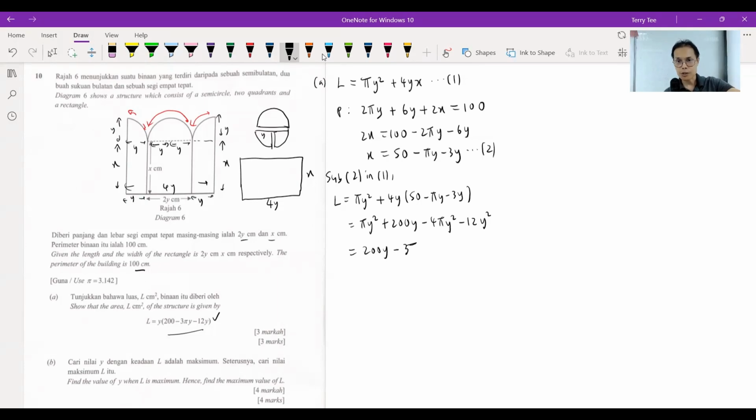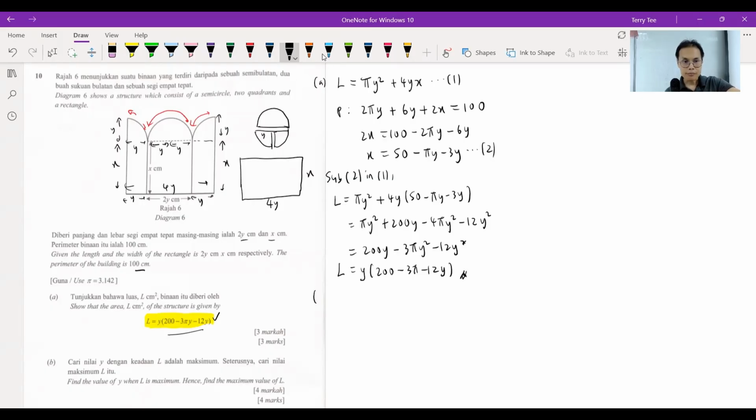You get minus 3 pi y squared minus 12y squared plus 200y. Now notice that your final answer is in this form, where they actually factorize your y. Take out the y, left with 200 minus 3 pi minus 12y. This one is a y squared. Okay, there you go. You got your L in terms of y.